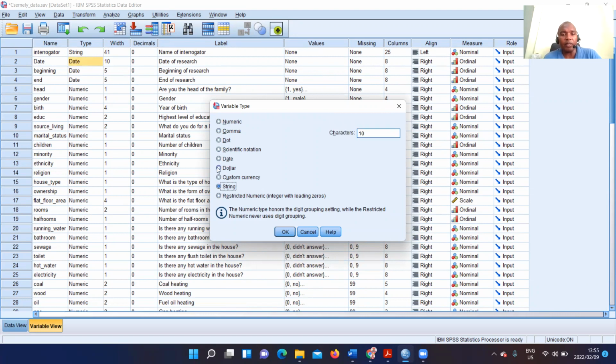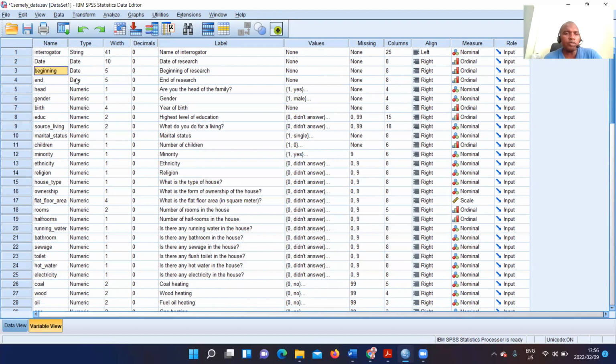Sometimes for studies where issues to do with money are asked, you may have some items with the dollar signs, and then you'll choose the magnitude of whatever you are displaying. If you choose that, it means the width is 7, then 6, 9, 8, 11, 12, 15, 16, 19, and so on, plus 2 decimal places.